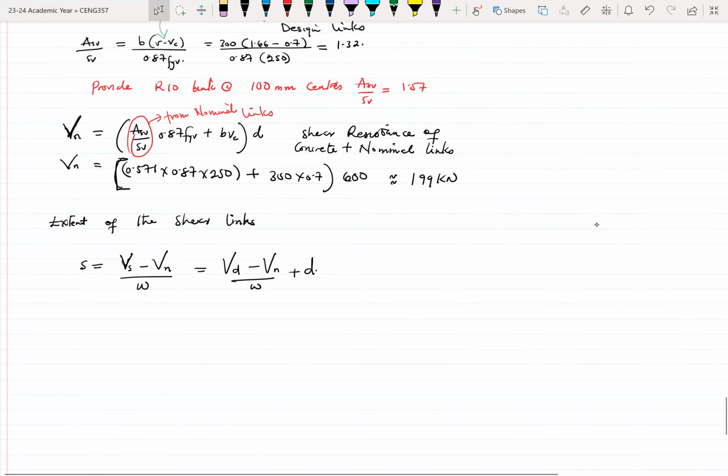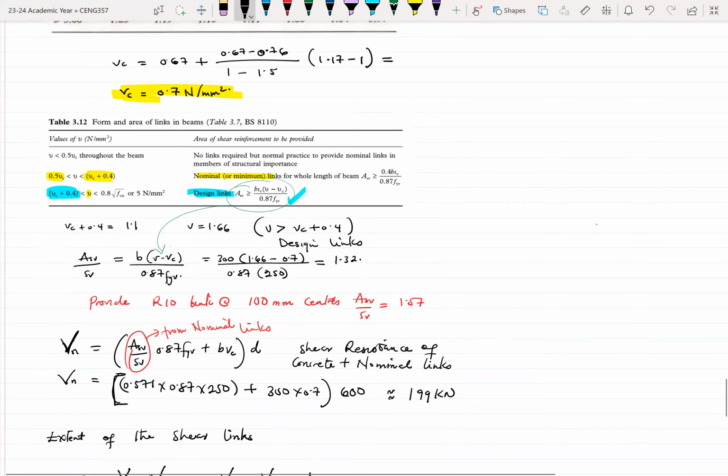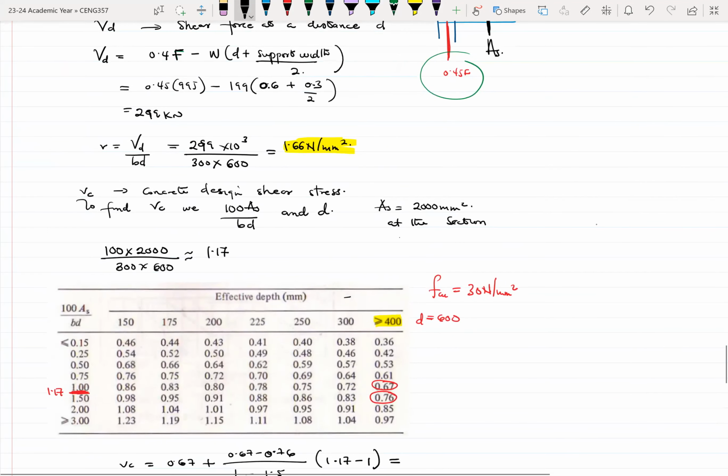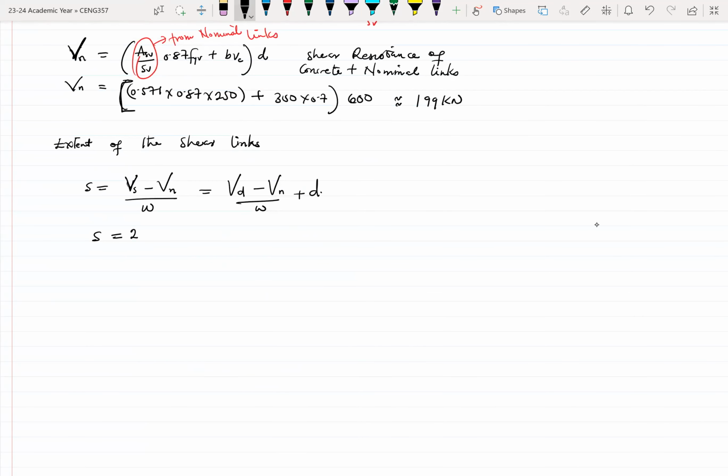So here, our VD, what's the value of VD? VD is 299. So 299 minus the Vn of 199 over W, and W is also 199. Interesting.